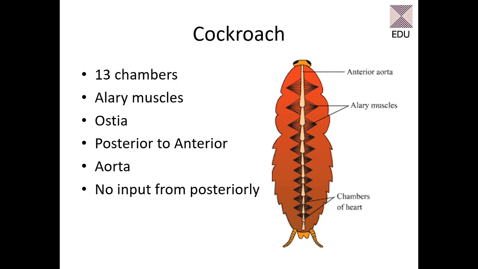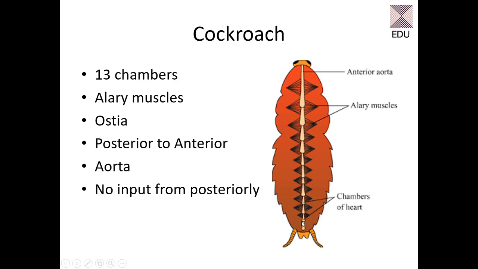When it is contracting, the ostia are closed and the blood is pumped to the next chamber. And then the next chamber contracts. The blood is pumped to the next chamber.